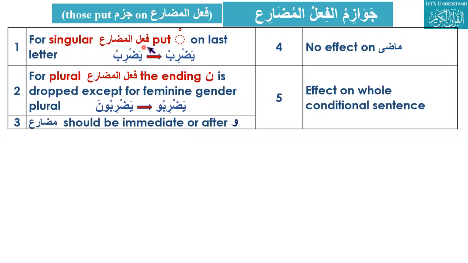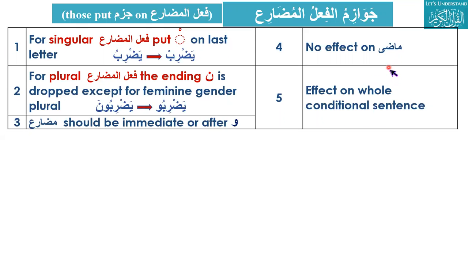For singular fi'lul mudari, they put sukoon or jazm on the last letter, so that will become majzoom. And for the plural, or we can say if'al khamsa, yaf'aluna, taf'aluna, and yaf'alani, taf'alani, taf'alina, they drop the noon for the plural, and that status will be called majzoom.